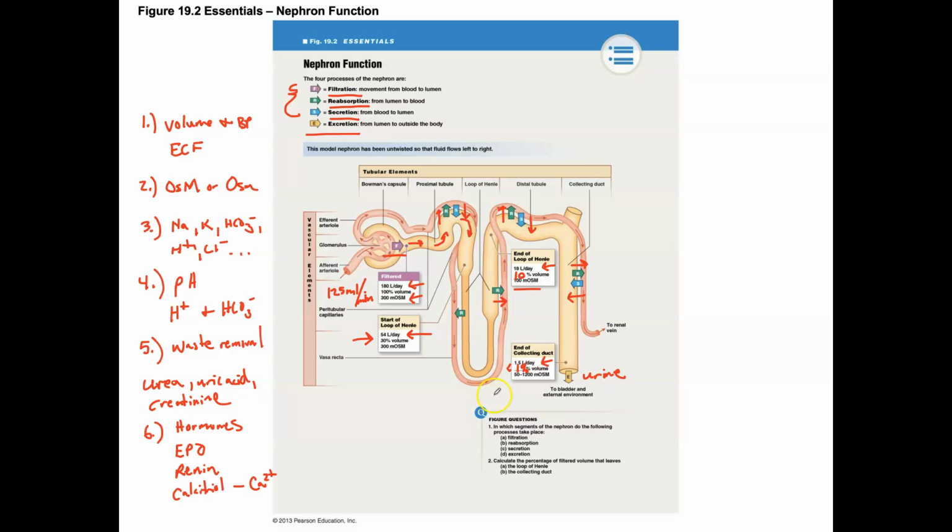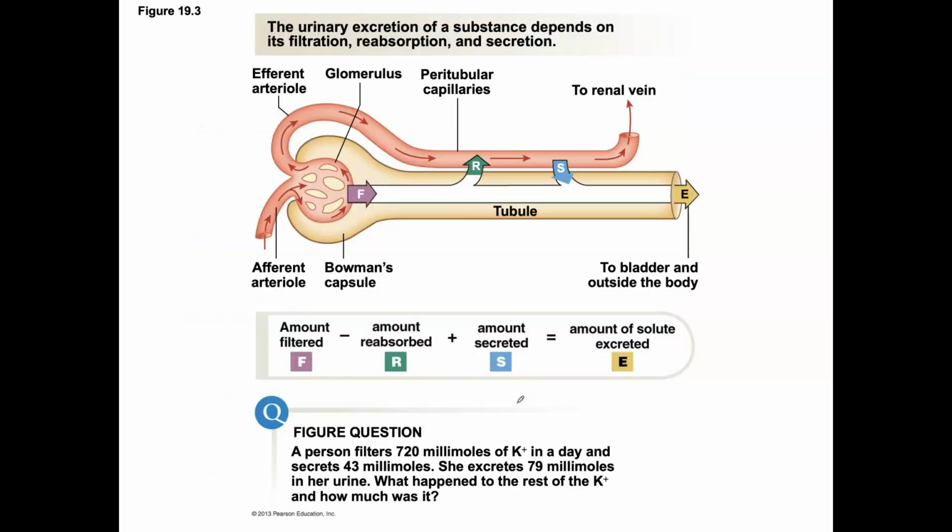The actual concentration of what you excrete will vary, again, depending upon what's going on in the body at that time. So you can have very hypoosmotic or you can have hyperosmotic urine, depending upon the electrolyte and water balancing that's taking place. So how do we determine what's being excreted from the kidneys?